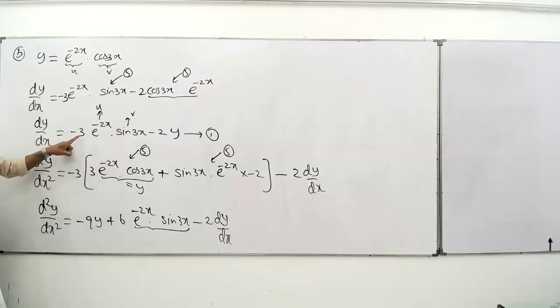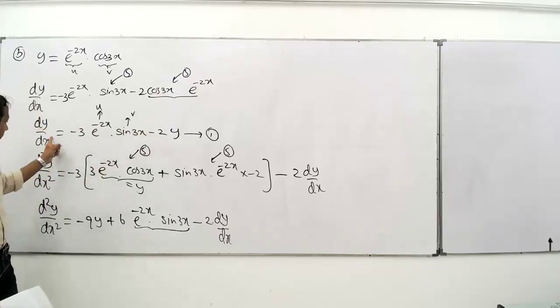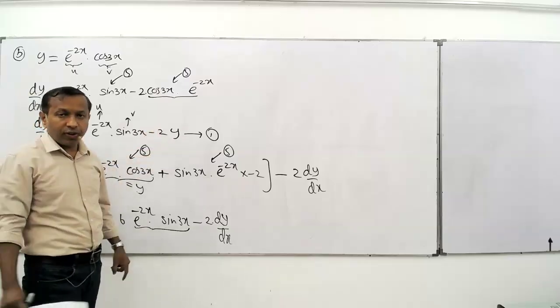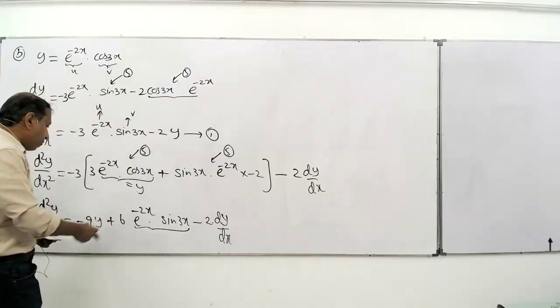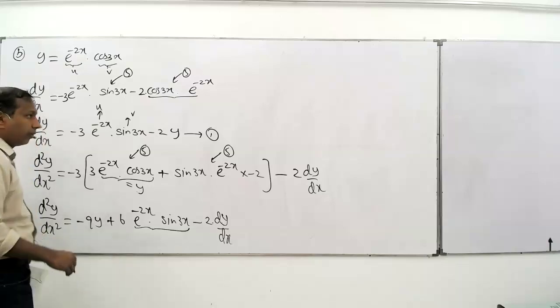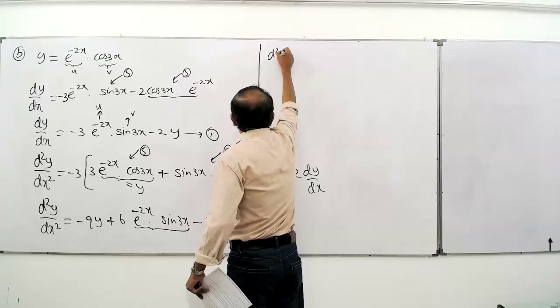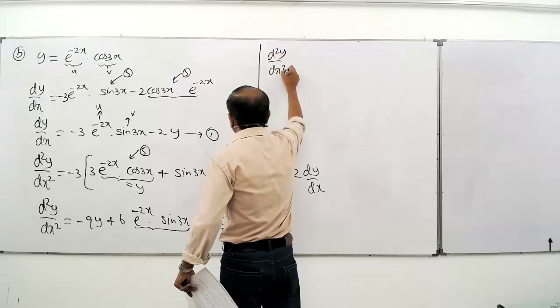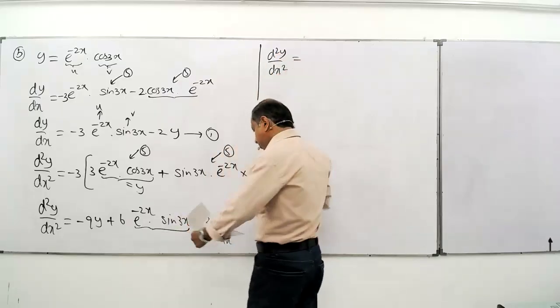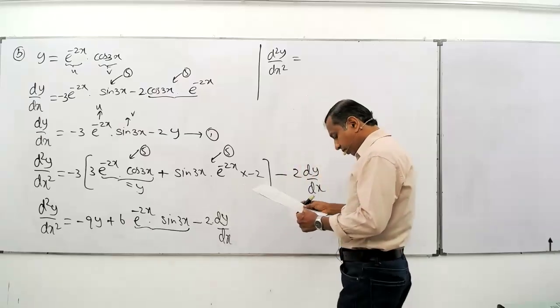Once we take this to the left hand side, 3 e to the power minus 2x sin 3x is equal to minus 2y, and taking this to the right hand side, minus dy by dx. We can substitute here, then we get the second answer too: d2y over dx2 equals 9 minus 9y.